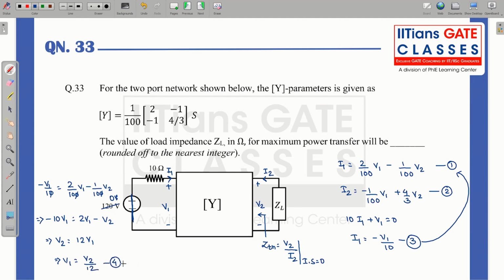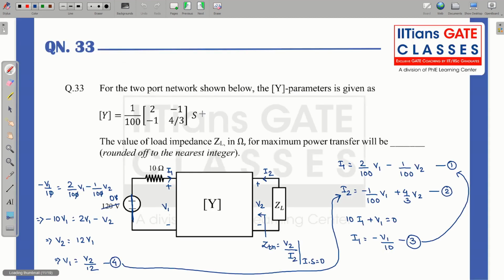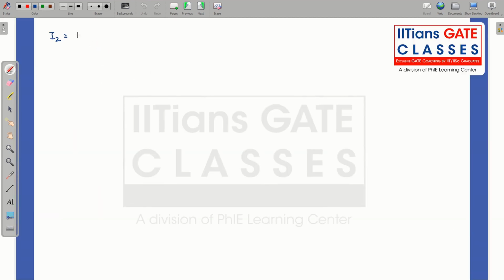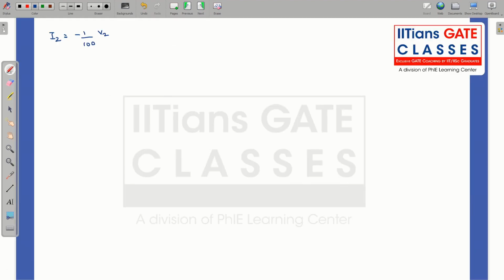Let this be equation 4. Now if this equation 4 I substitute in equation 2, what will happen? So I2 is equal to minus 1 by 100 V1. So V1 is V2 by 12.